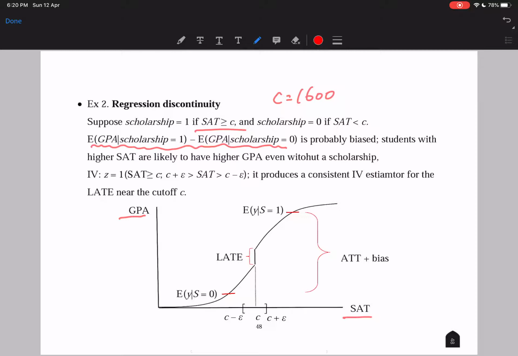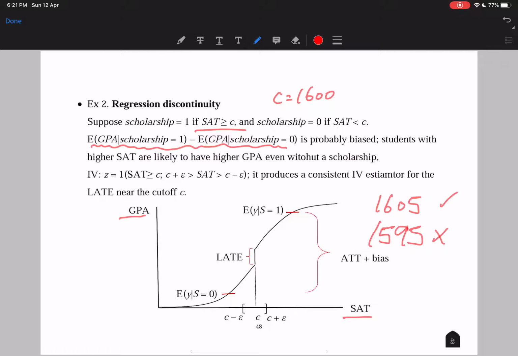Let's say around the cutoff, people with an SAT score, let's say 1605, are probably similar in terms of their academic ability to students with an SAT score, let's say 1595, right? It's just slightly different, but this person will have a scholarship, this person will not have a scholarship.